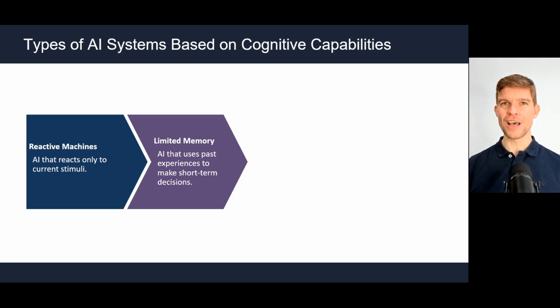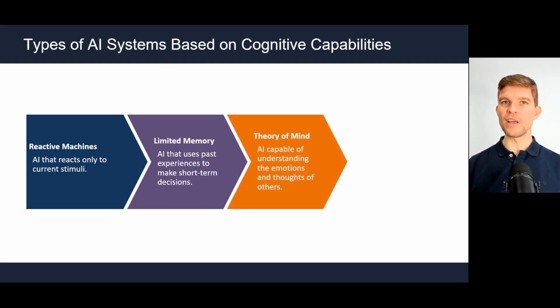You do not want a system that could be queried for what the previous client actually gave as inputs. So limited memory is good, but you have to make sure what you're actually giving as limited memory.